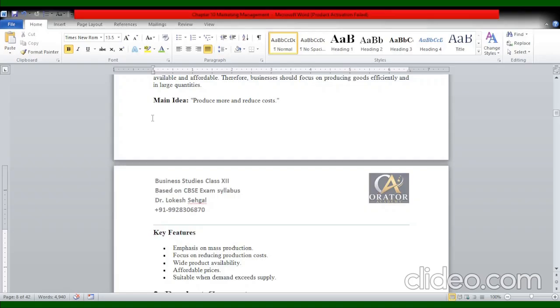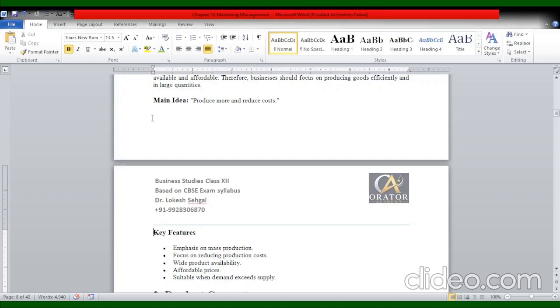This concept is suitable when demand exceeds the supply. Firms or companies are engaged in producing more and more goods and services.